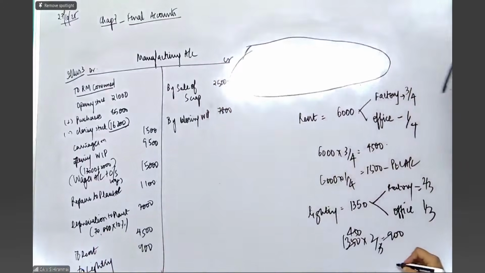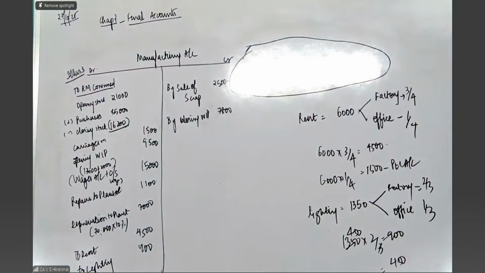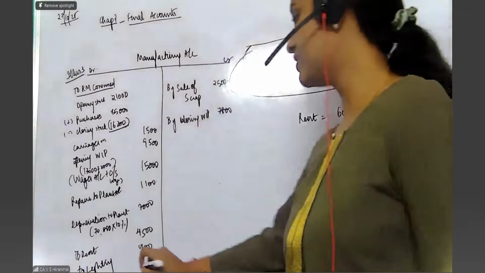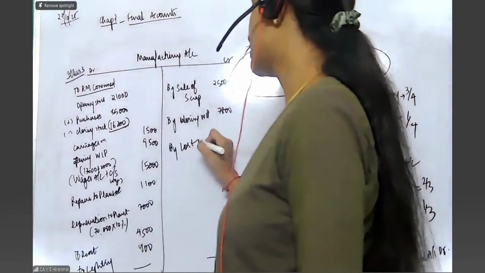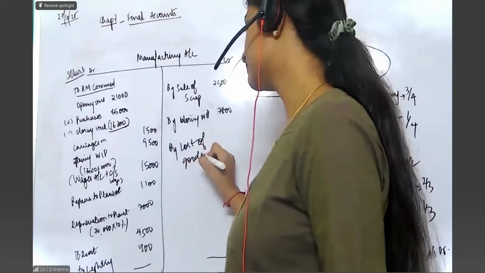And the remaining 450 will sit in your P&L account debit side. As simple as that. That's all. Sale of scrap, everything you have recorded. Can somebody tell me what is the value of the cost of the goods produced?